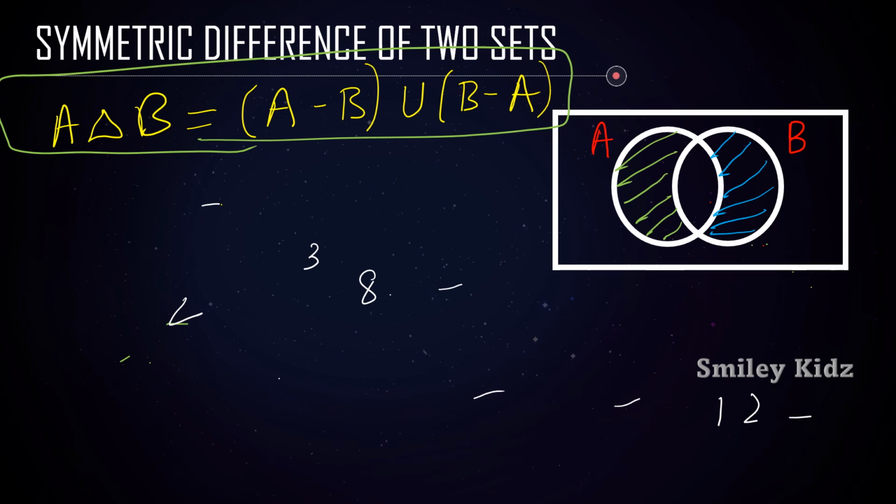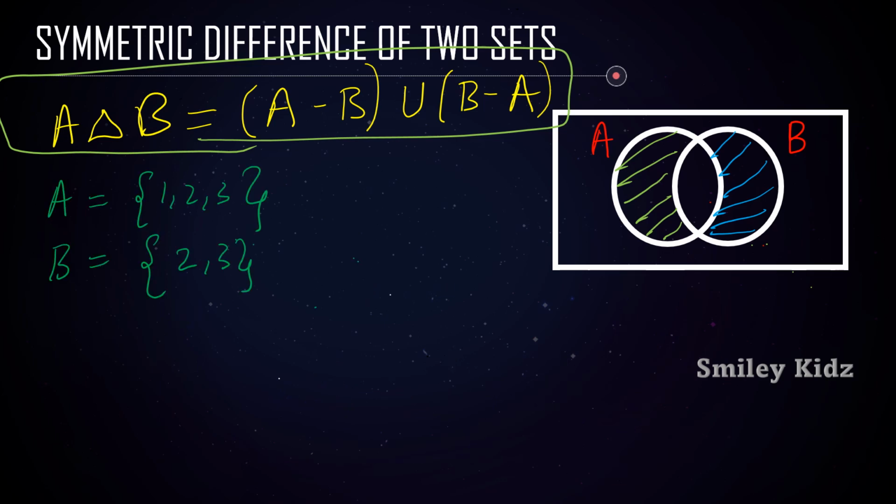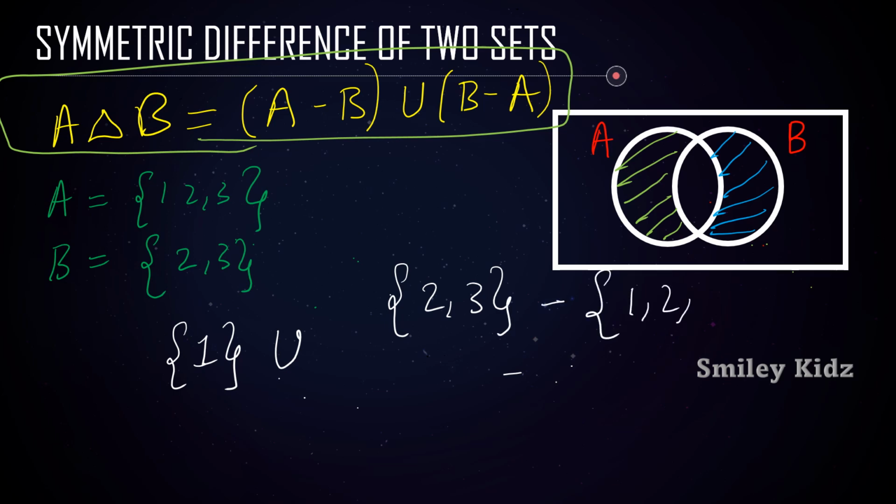Let's say I have A and B in these two forms. Alright. Now A minus B will be what? These two elements get cancelled. You'll have 1. Union. Now what is B minus A? What are we talking about? 2, 3 minus 1, 2, 3.